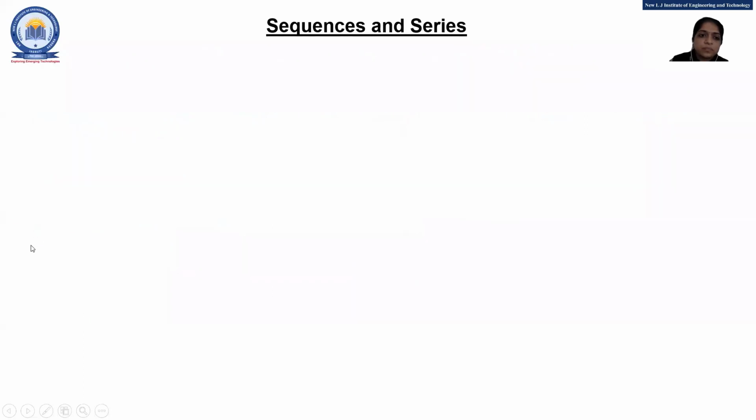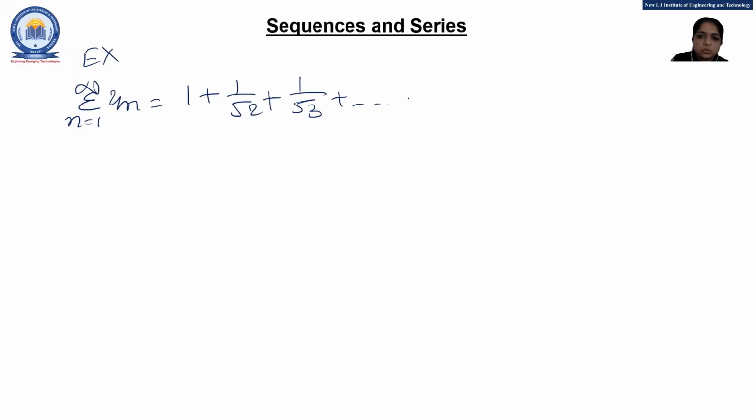Suppose we have a series summation n equals 1 to infinity un equal to 1 plus 1 upon root 2 plus 1 upon root 3 plus up to 1 upon root n plus up to infinity. It means we have an infinite series.